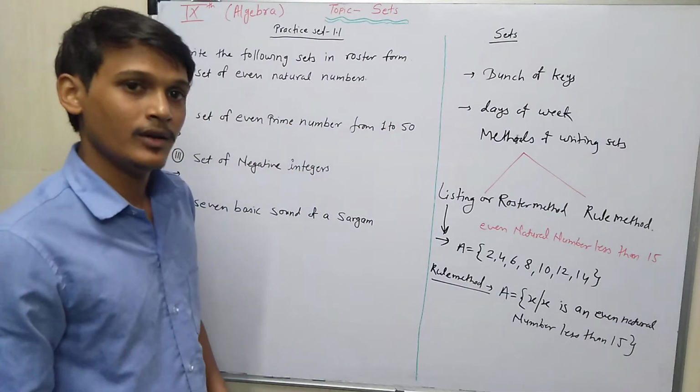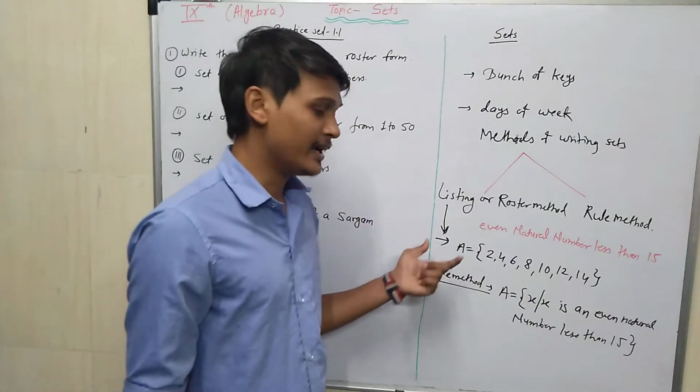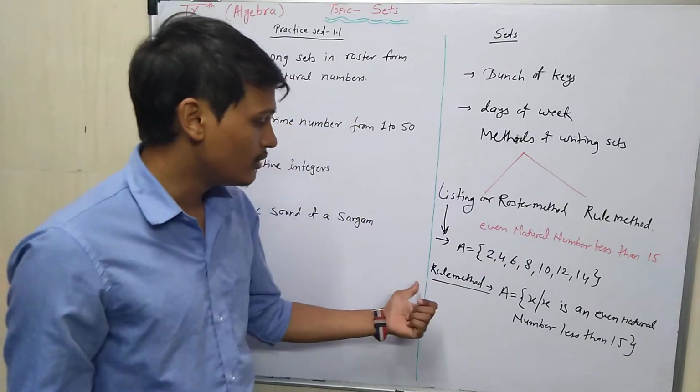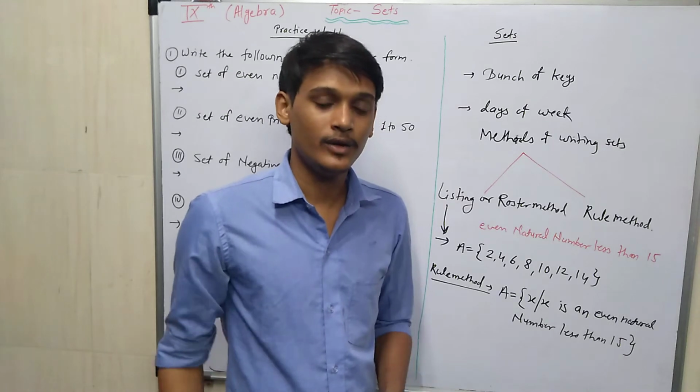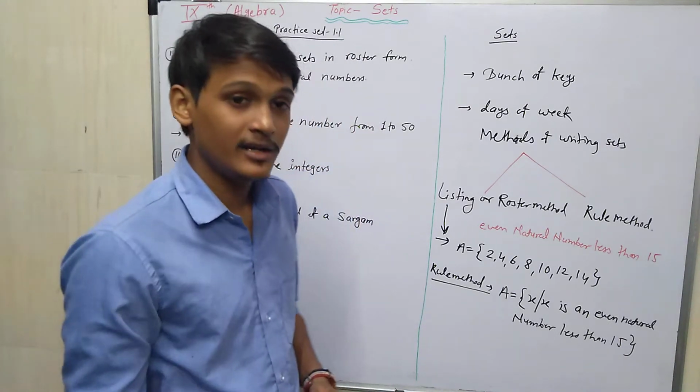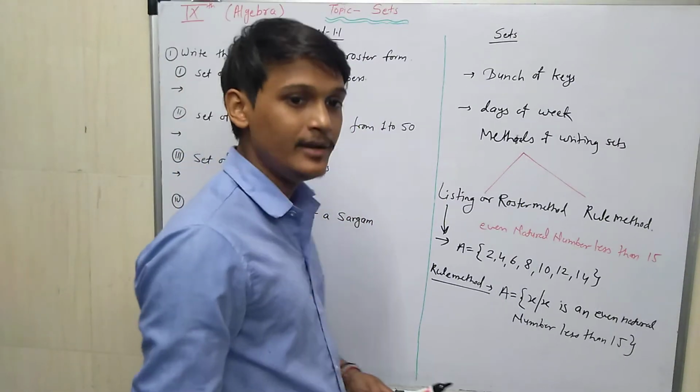Got it? Understood? How to write the listing method, how to write the rule method. So students, today we start practice set 1.1.